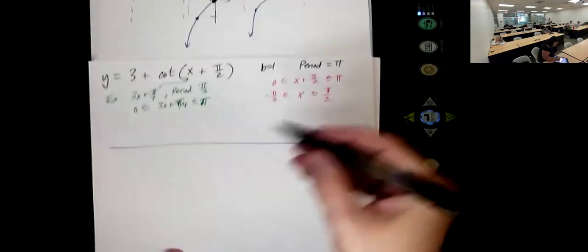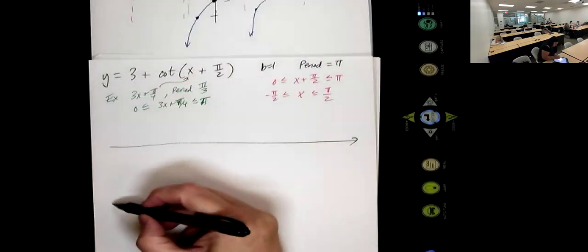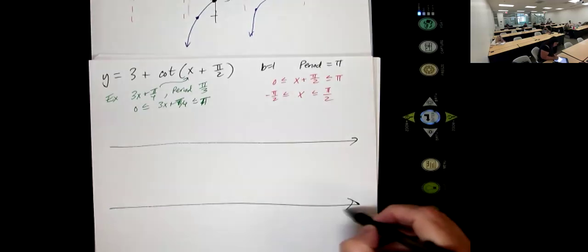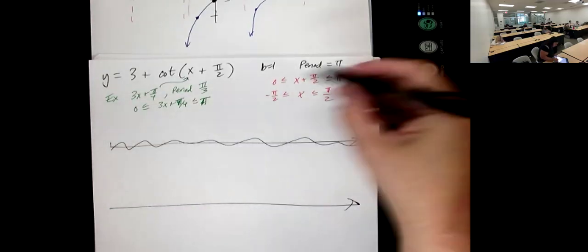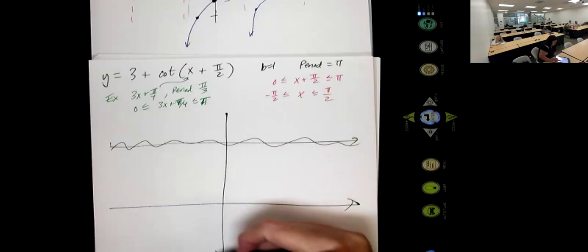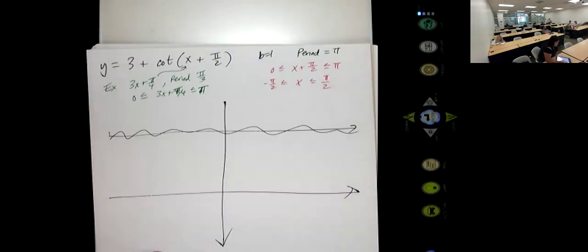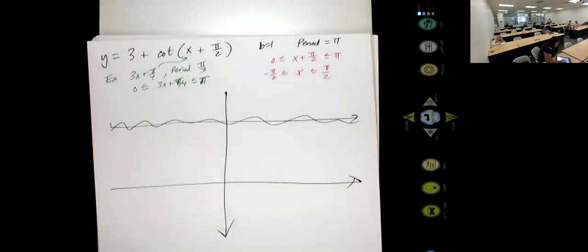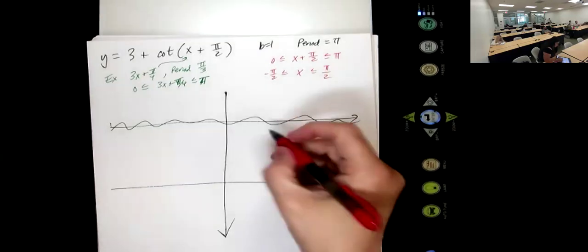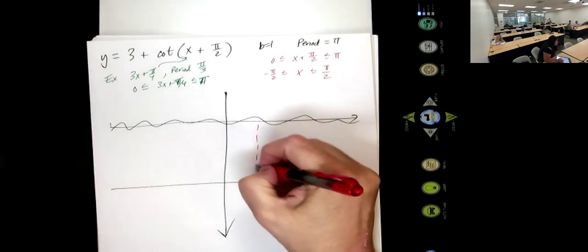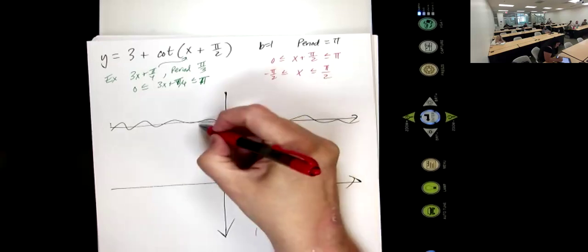Wait. It looks like I'm moving up 3, so I'm going to give myself more room. We said we want pi over 2 and negative pi over 2.